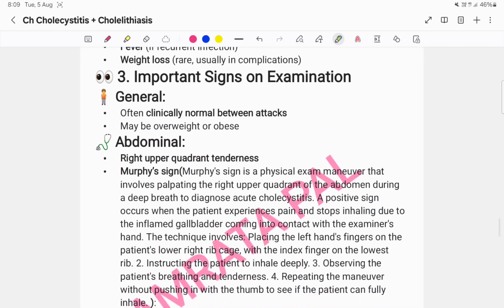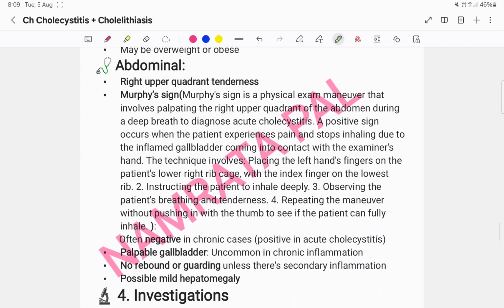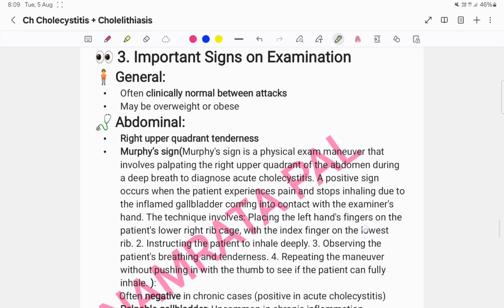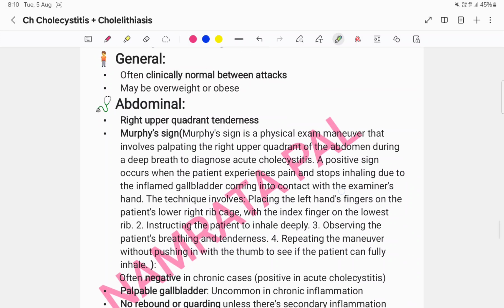Now, some important points associated with examination. First is general examination. Examination includes inspection and palpation. Auscultation may be done for the bowel sounds, and otherwise it is not required. In case of inspection, first we have to inspect the general abdomen.